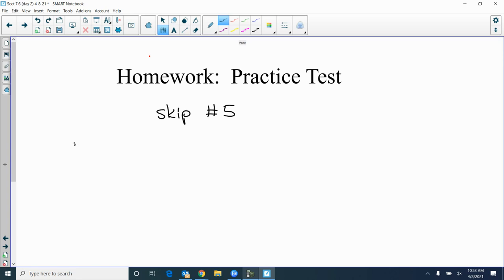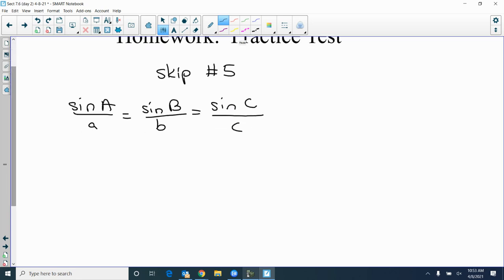I will give you the law of sines: sine of A over A equals sine of B over B equals sine of C over C. I'll give you the law of cosines, just one form. If you need to rearrange it, that's fine.